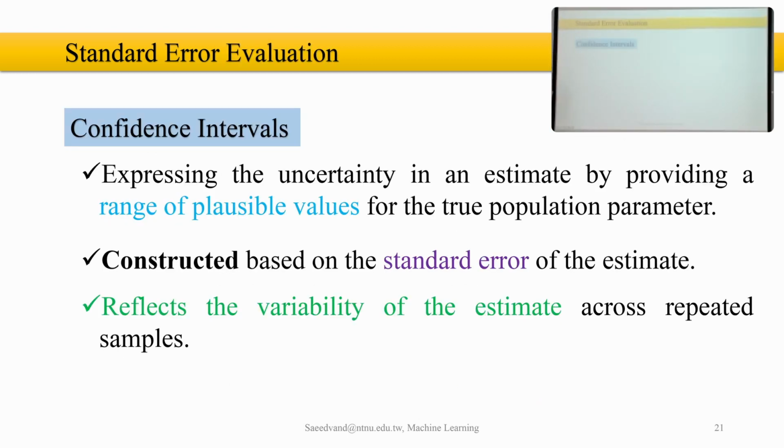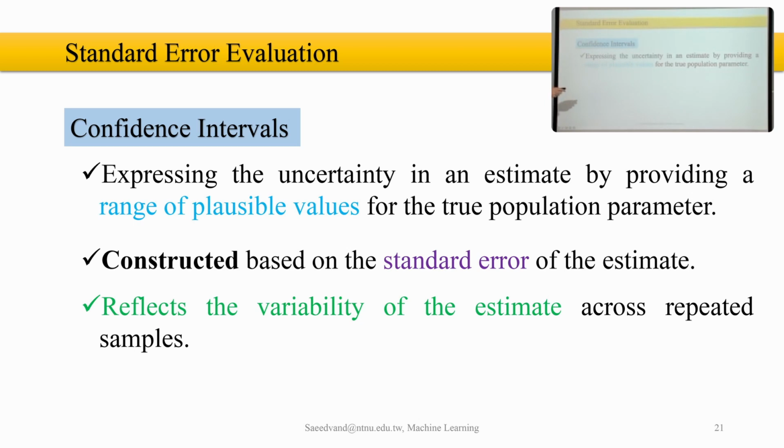After that, we introduced the concept of confidence intervals. With confidence intervals, we want to say how confident we are about the model that we have, and how the parameters are.